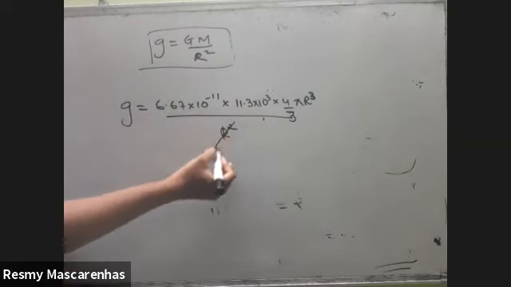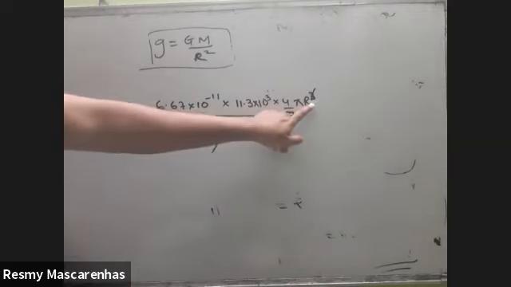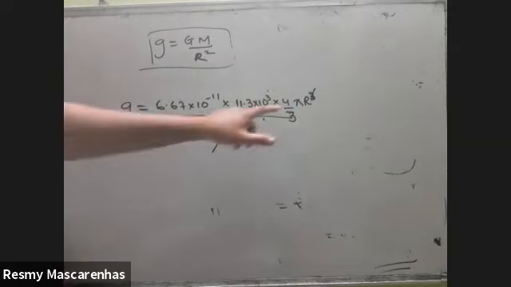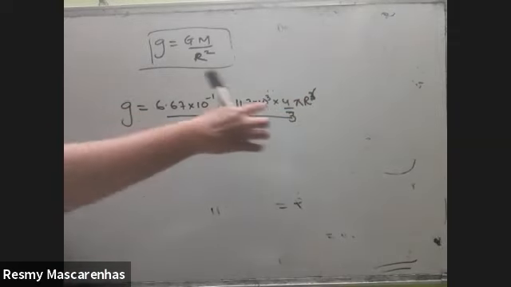Now what you can do? This and this you can cancel. One r only will remain. This is r cube and this is r square, so I have cancelled this. One r remains, and r is already given to me as 6.4.